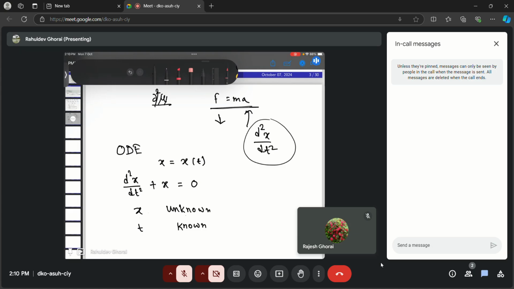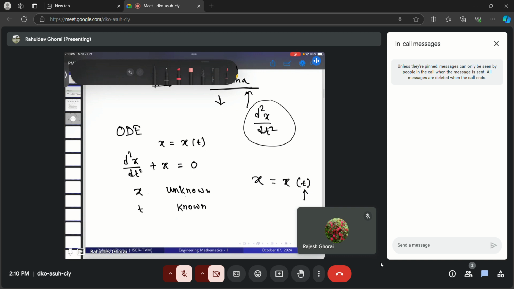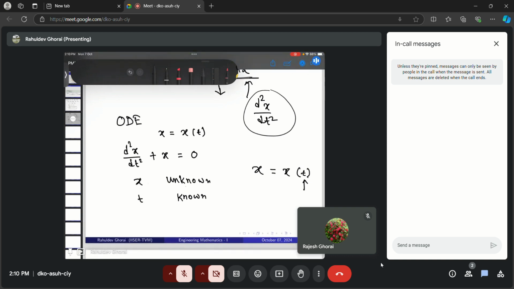That's the meaning of unknown and known. x depends on t, and once t is known, x is known, but otherwise x is unknown.